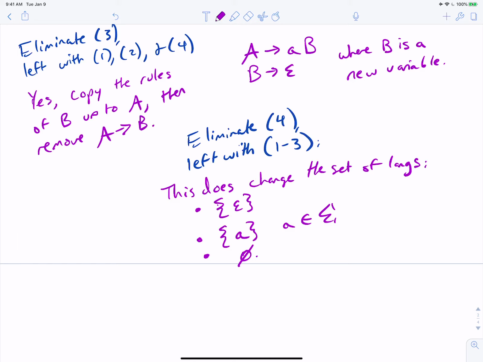Because I could have no rule produce a character at all, or epsilon. So you would just be hopping around to other variables, not generating anything ever. So those are the only sets of languages that we can get. More interestingly, we don't even get the finite languages, because we can't get languages with 2 strings in them.